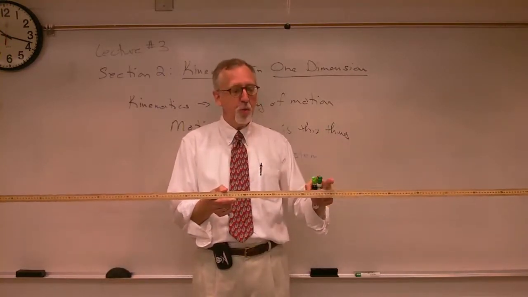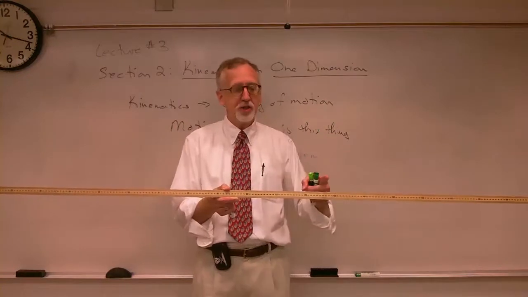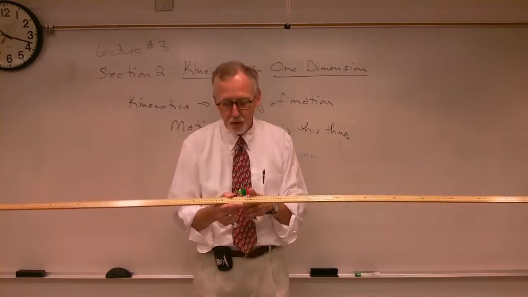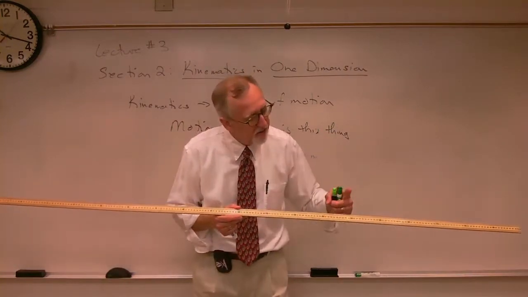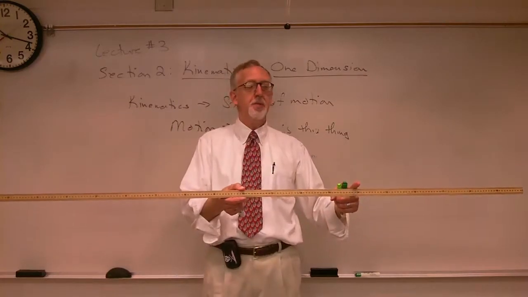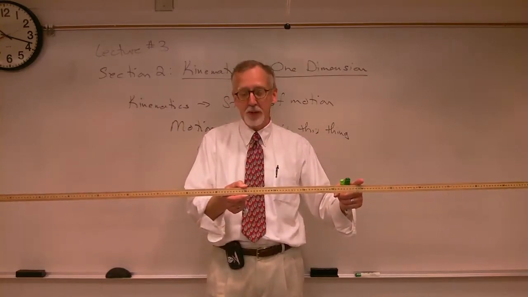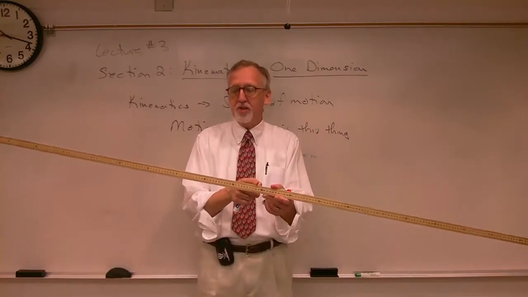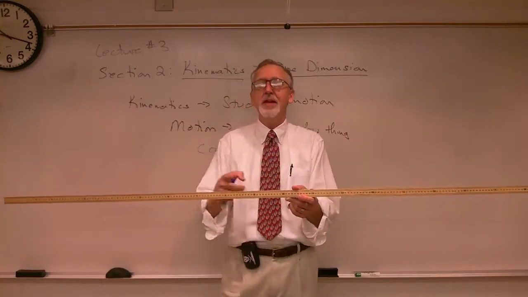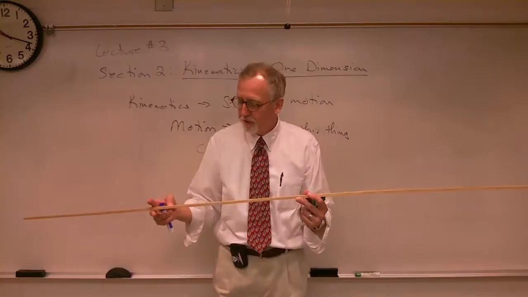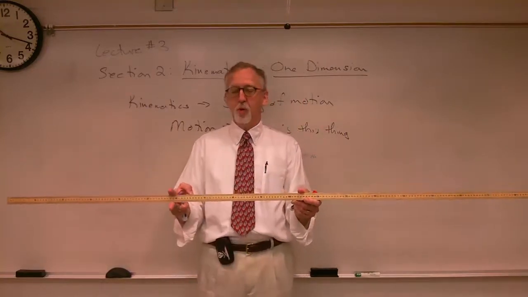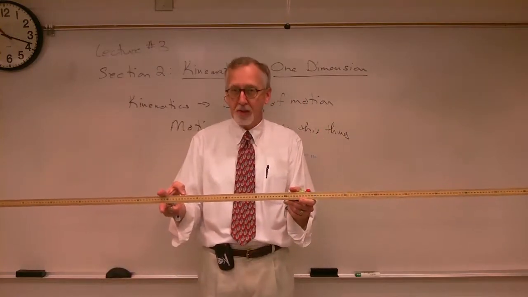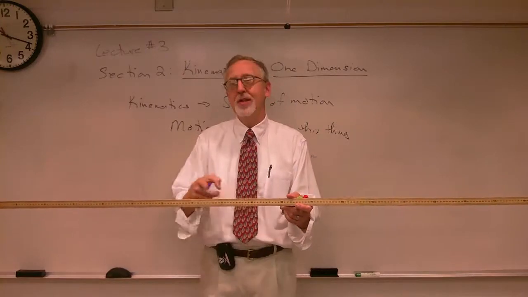And any position will have a value that corresponds to the distance from the origin. So let's say this position here, this would be plus 40 centimeters, because it is 40 centimeters to the right of the origin. Any point to the left of the origin, we'll call these negative positions. So, for example, this position would be negative 40 centimeters, because it is 40 centimeters to the left of the origin.